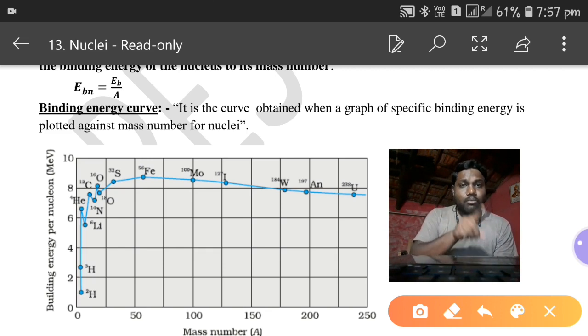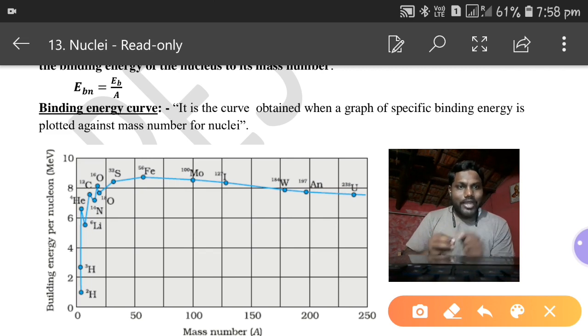So this is one of the most important characteristics of the binding energy curve in the lighter nuclei region. Once again, I will try to explain in brief.